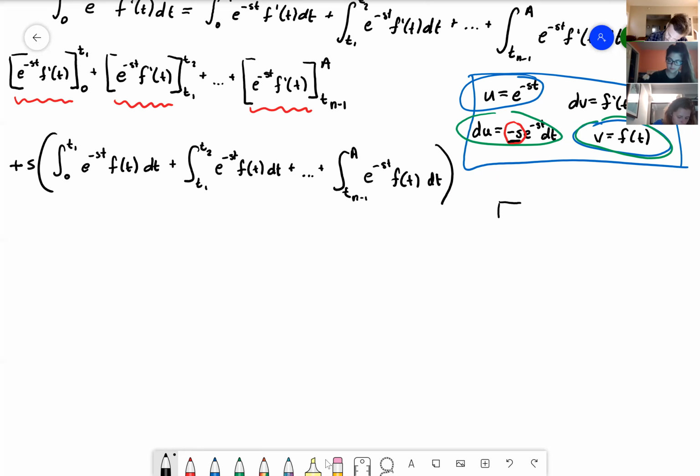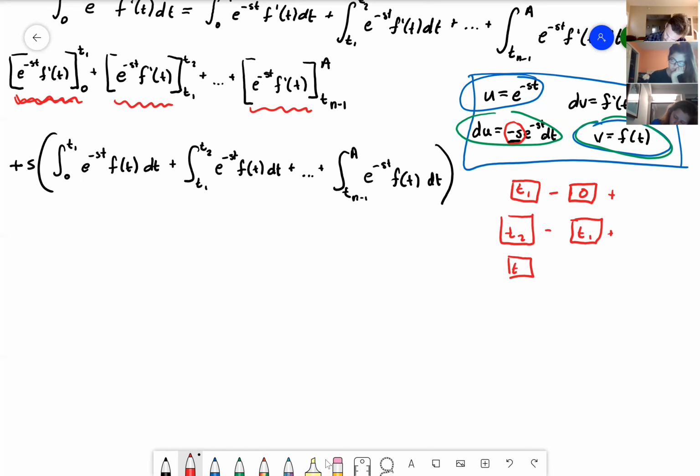So I'll have the box evaluated at t1 minus the box evaluated at 0. The second one will be t2 minus t1, and then the next one will be t3 minus t2, and so on.